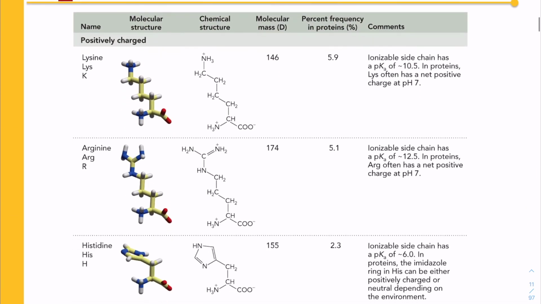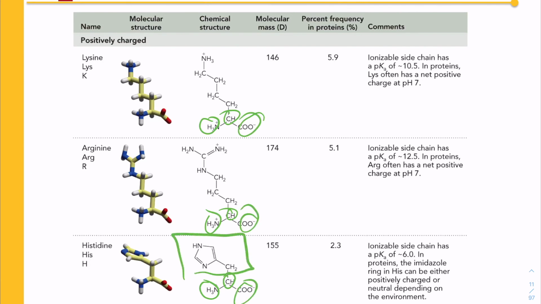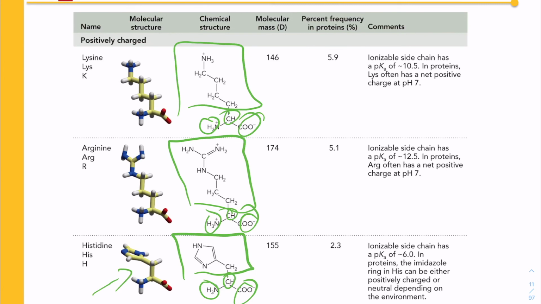The positively charged amino acids, again, we should always be able to identify the alpha carbon, amino group, carboxylic acid group, and then this is the R group. And so for the positively charged amino acids, you have lysine, arginine, and histidine. Right? So these will be positively charged at physiologic pH.